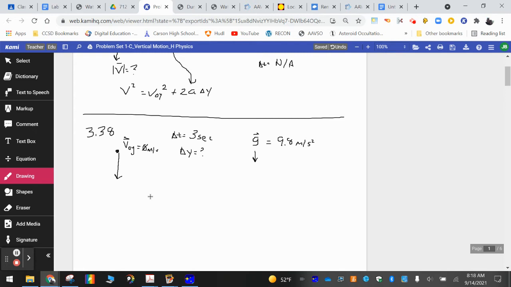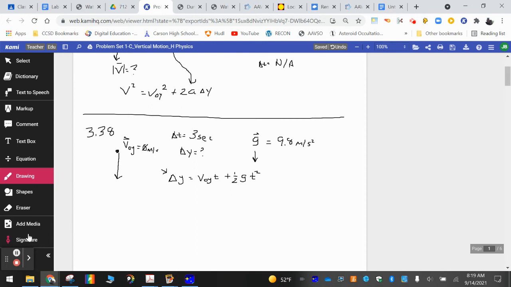So we can take a look at this equation: delta y equals v0y times the time interval plus 1/2 g t squared. We know v0y is 0, and we have g and time, so we should be able to solve for delta y.